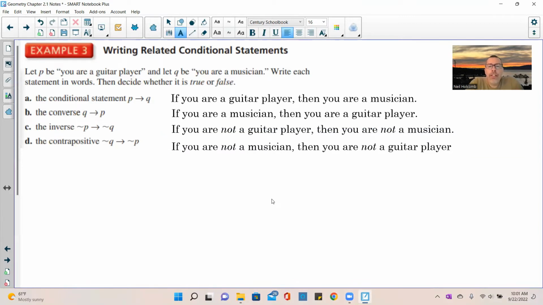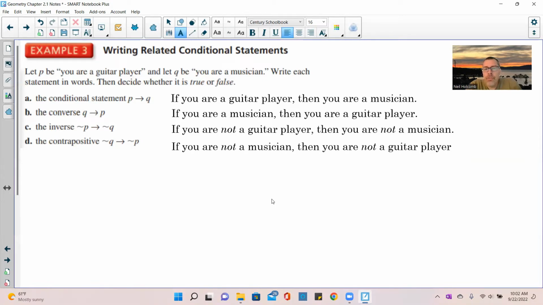So if you are a guitar player, then you are a musician. That is true. But if you take the converse, if you are a musician, then you are a guitar player, that is not true. You might be a piano player. If you are not a guitar player, then you are not a musician.